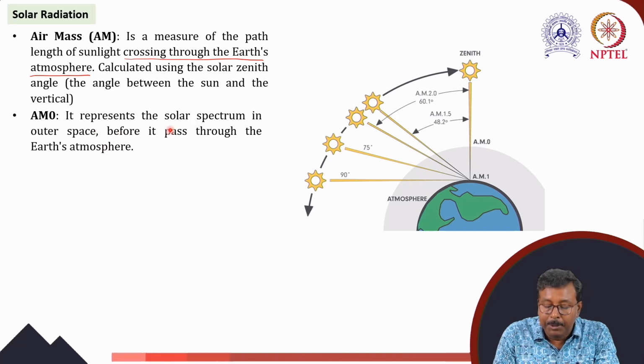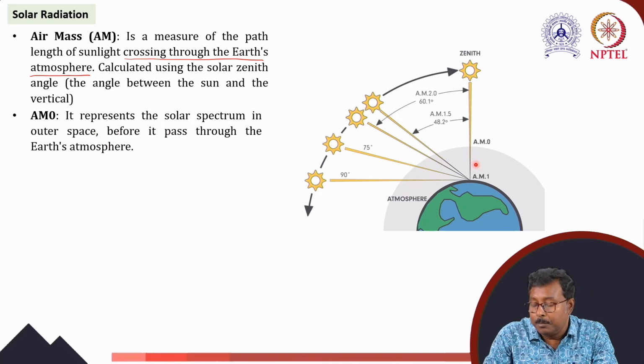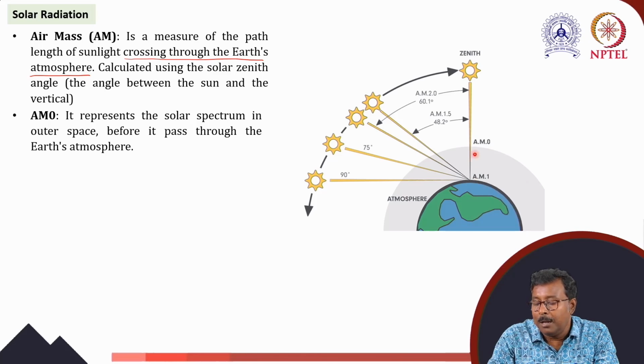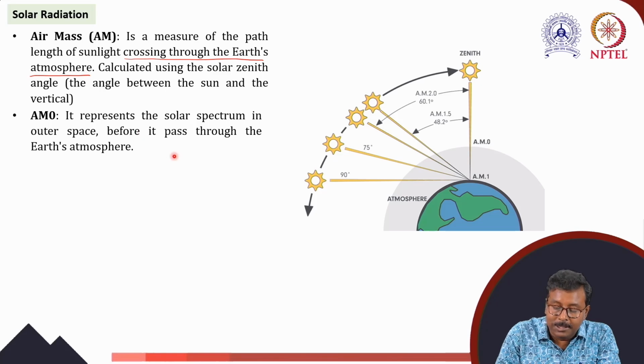AM0 means before the Earth's atmosphere. So here the radiation will be much higher than on the Earth's surface, because some radiation is lost in the atmosphere. So AM0 is this.